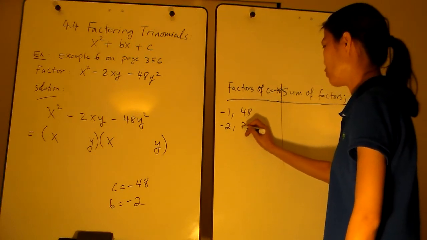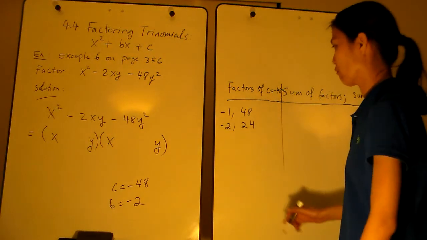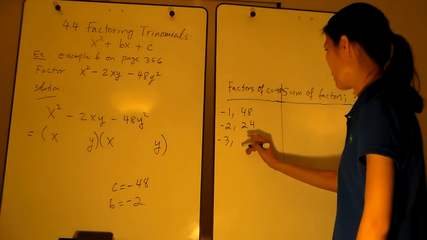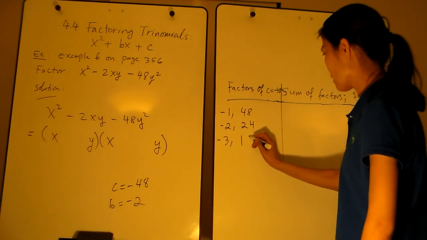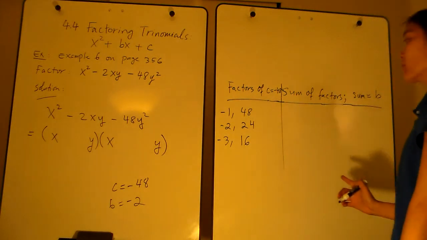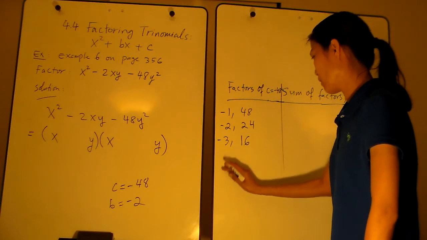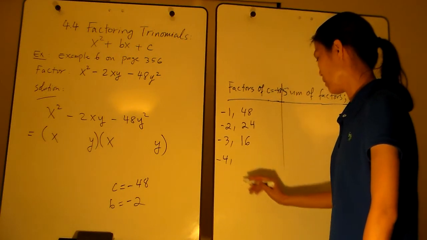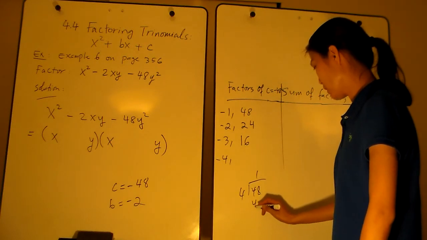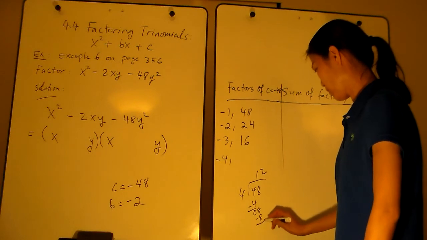2 times 24 is 48, with the sign negative 48. How about 3? 3 times 16 is 48. How about 4? 4 times 12.